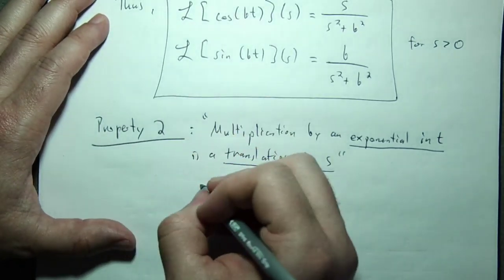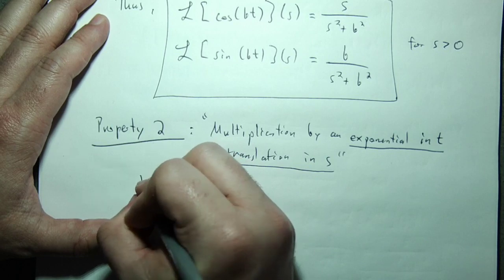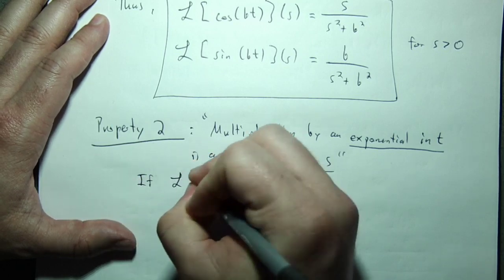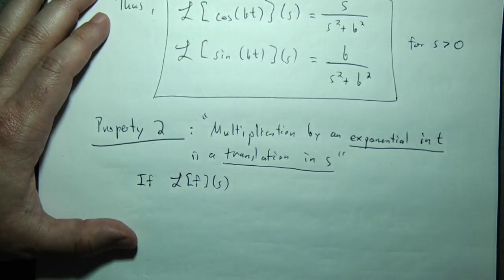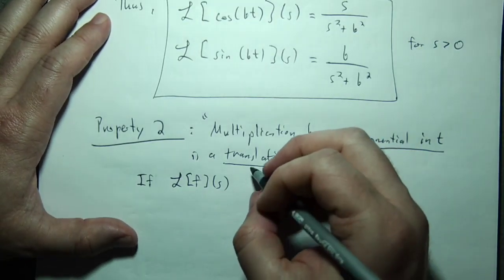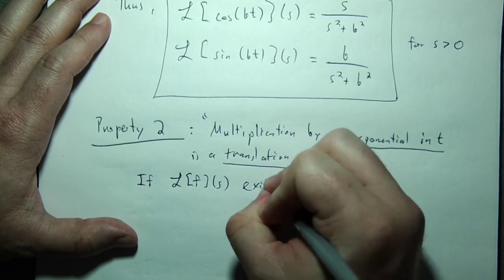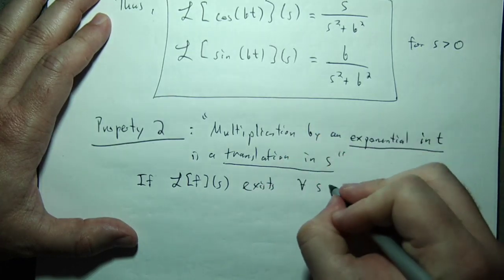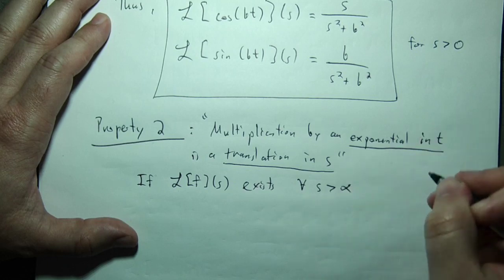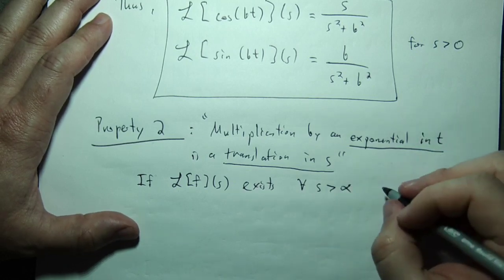So here's exactly what it means. If you have a Laplace transform L of f of s, and this thing exists for all s bigger than some number, the textbook uses alpha, so that's what I'll use.